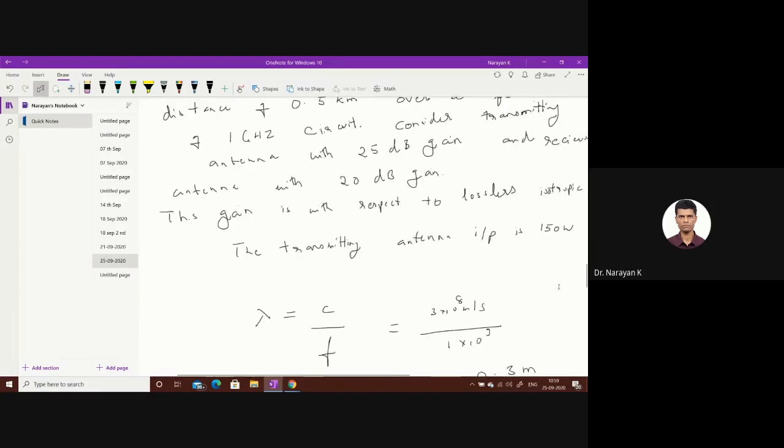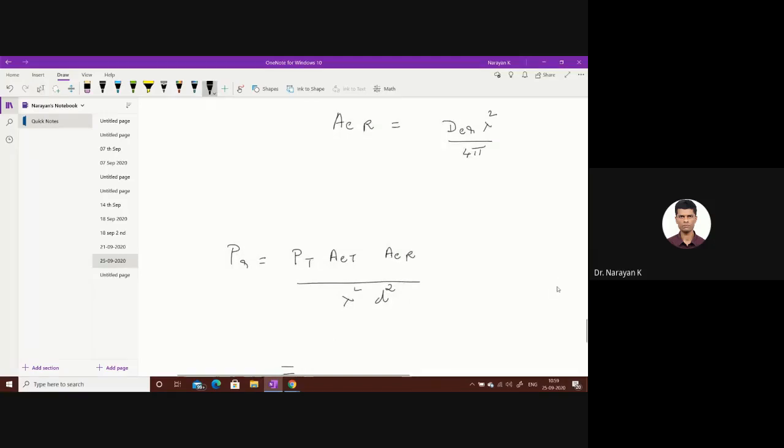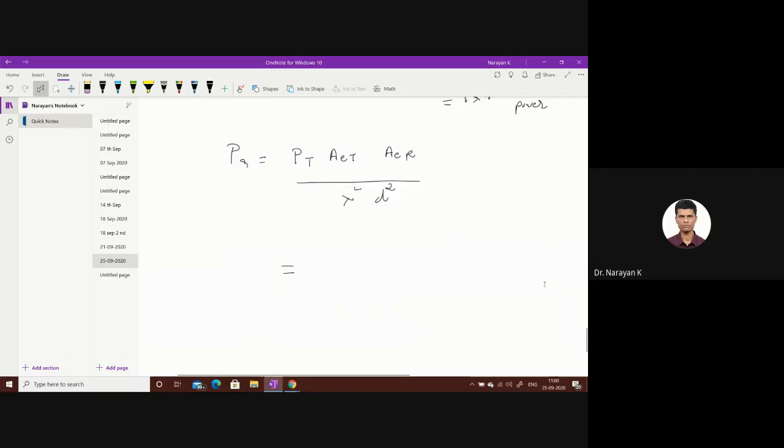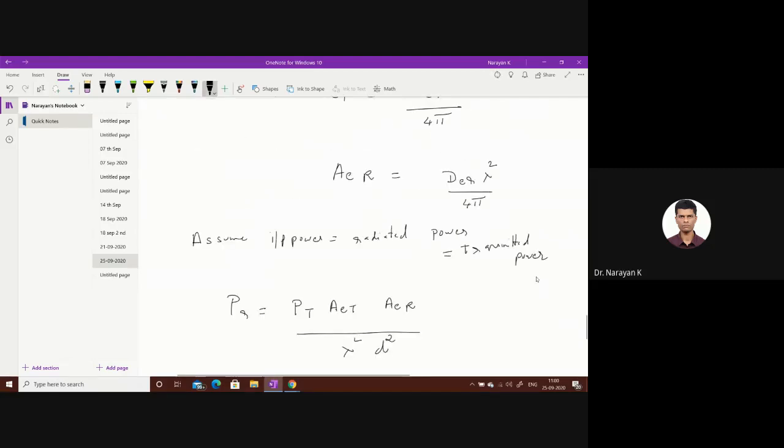So assume input power is equal to radiated power is equal to transmitted power, that is equal to 150 watts. Is it clear? Yes, sir.